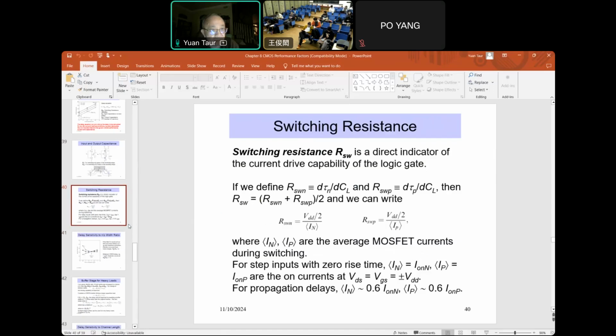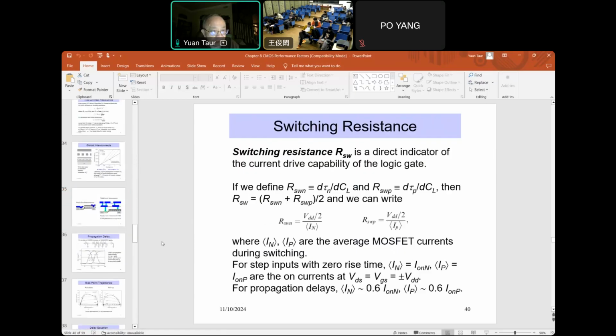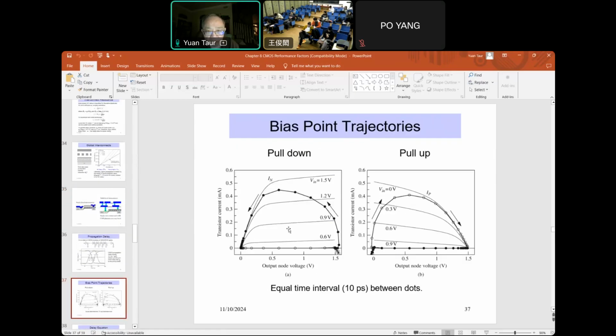Also, it has an important implication. Let me show you on the trajectory. Notice that there's some delay spent when the gate, let's say the pull down for MOSFET, when the gate voltage is low.